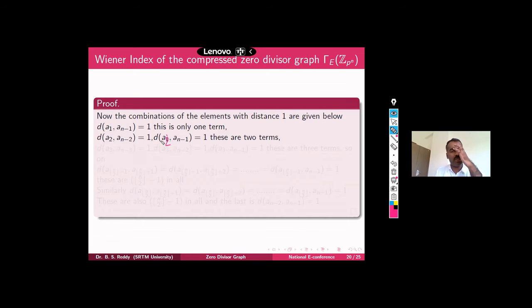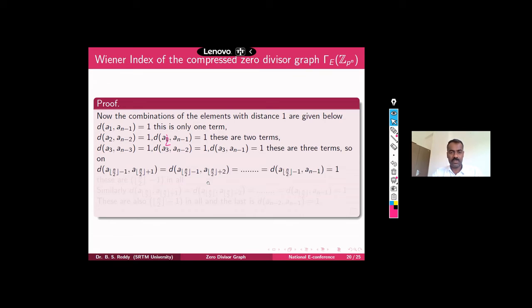So a2 an minus 2 and a2 an minus 2. These two are there whose distance is 1, and so on. If you go through it, a3 an minus 3, then a3 an minus 2, and so on. So these are 3 terms, and so on. So you will have like 1, 2, 3 whose distance is 1. You will have a better representation here.